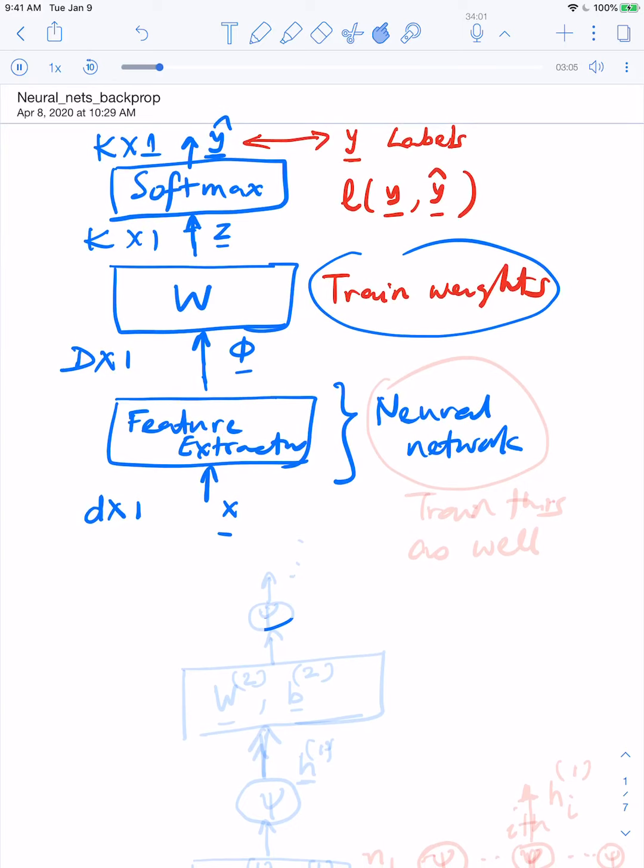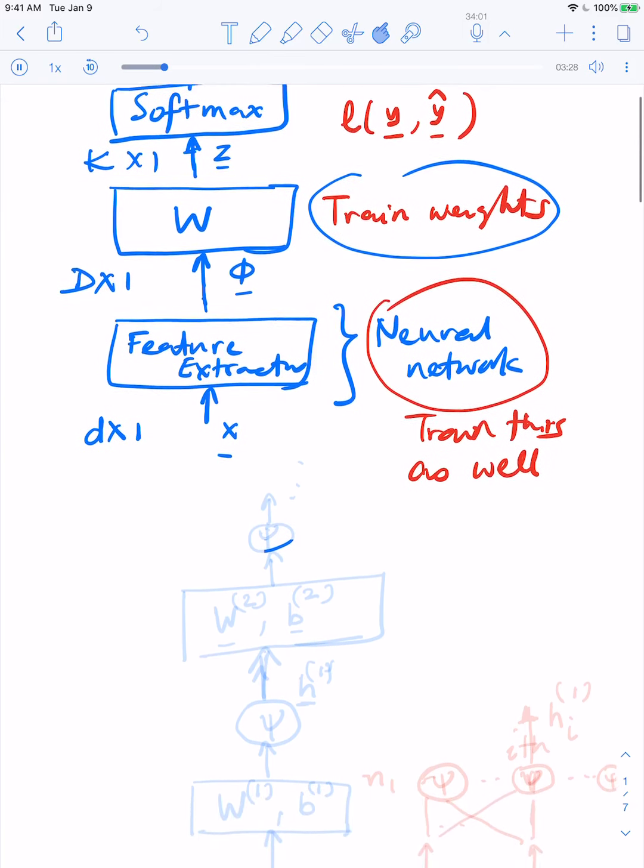So let me change my pen color and train this as well. We'll have a bunch of weights, some corresponding to the neural network, and the last layer will also be considered part of the neural network. So that's the setup.